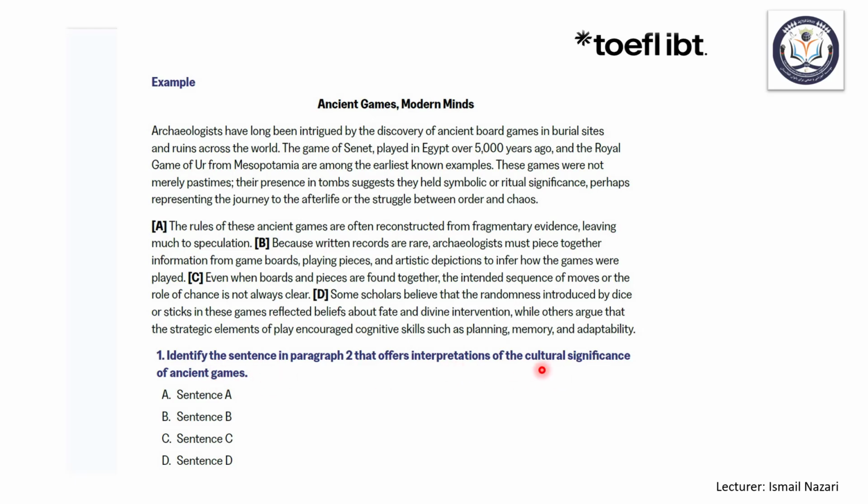This is the idea. So which of these 4 sentences provides this information? We need to read them, and then we select. We double click on that sentence, and it will be selected. And that's it. That is how it looks.